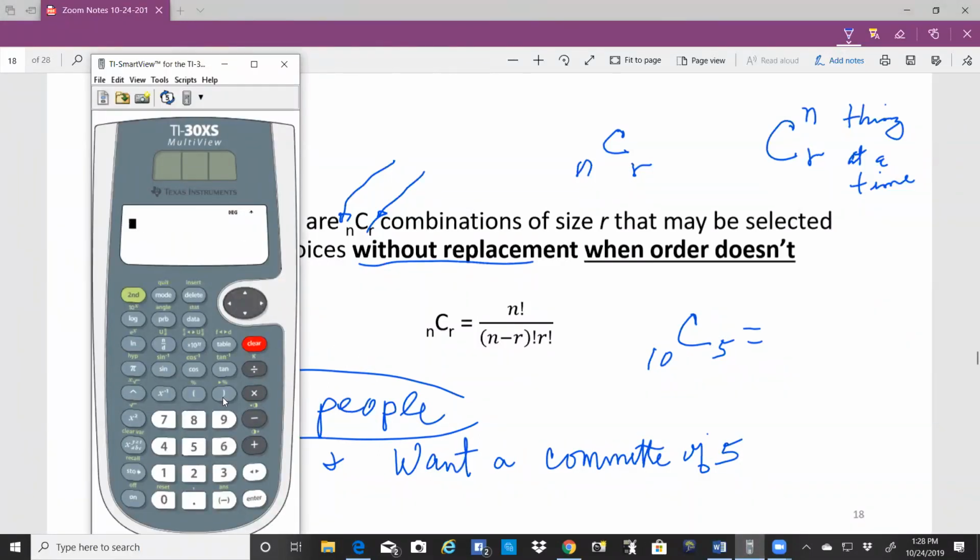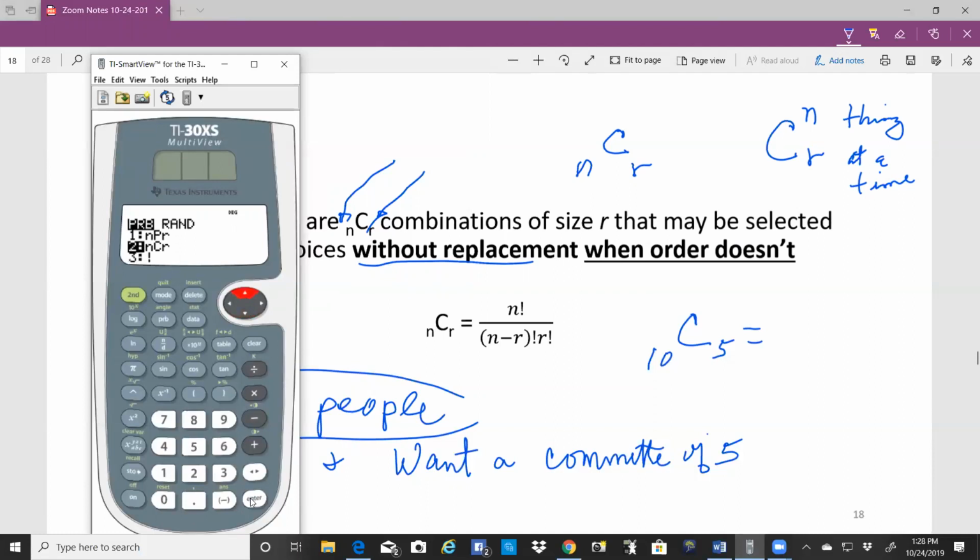And the way to do that is to first put in your 10 and hit probability here, PRB. And you've got a choice. Here's your n things taken r at a time, your combinations. By the way, if you want to get factorial, you would just hit that.